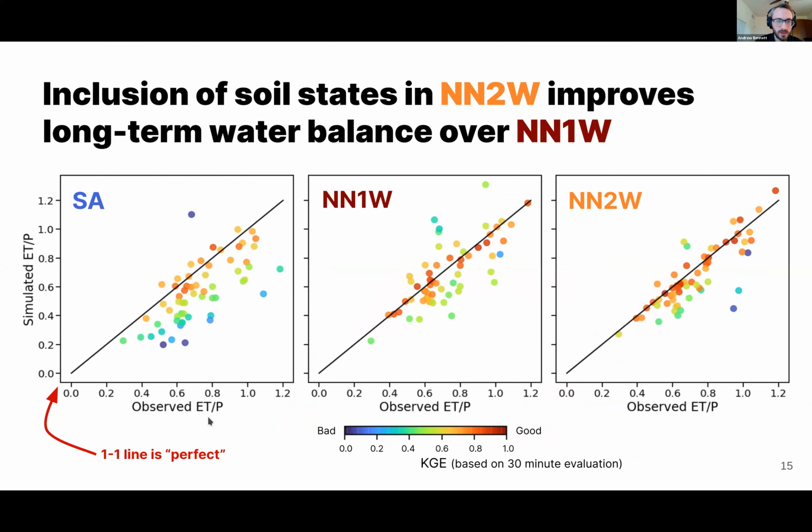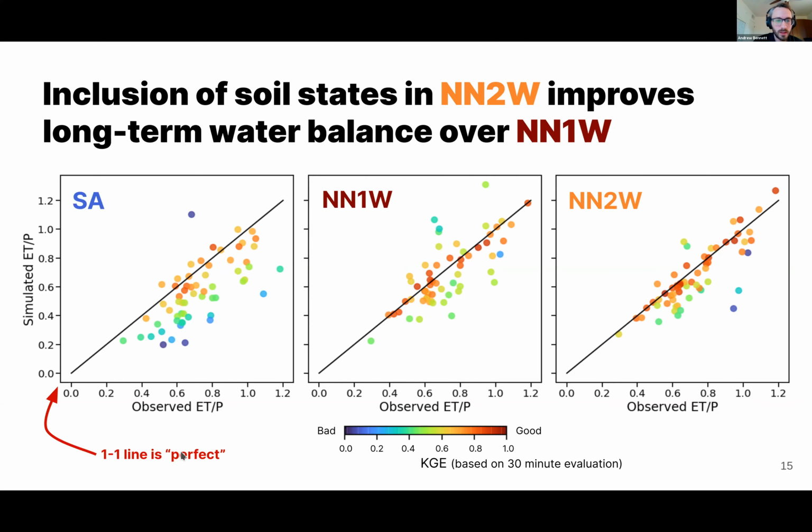How we examined that was we looked at the long-term evaporative fraction, which is the total amount of evaporation and transpiration divided by the total amount of precipitation. This is over the entire simulation period, which was a minimum of 3 years for any site, but some sites had up to 10 or 14 years.